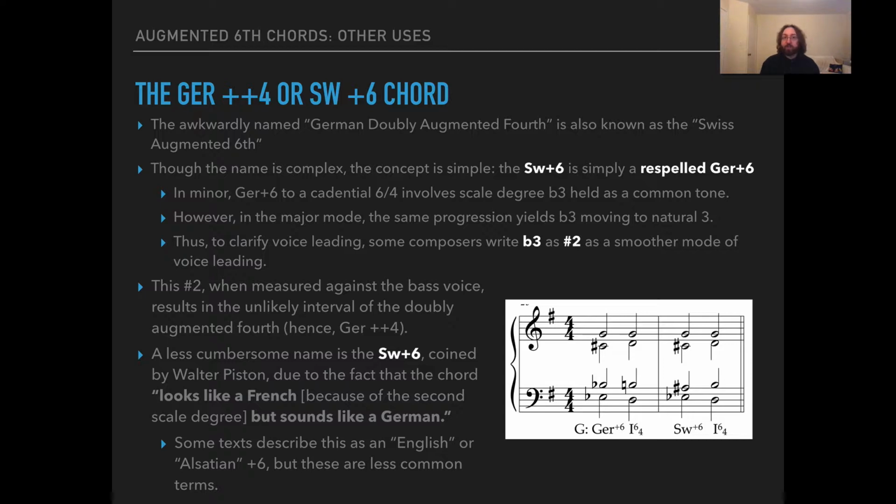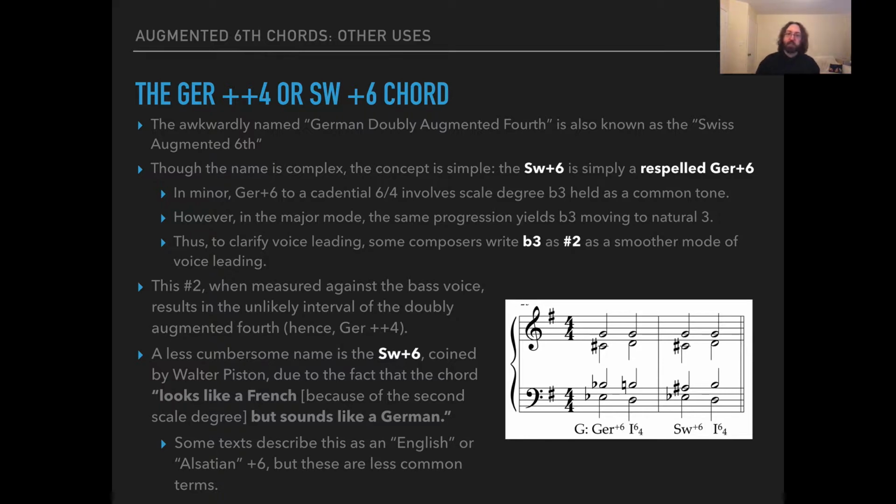The Swiss augmented sixth is simply a respelled German augmented sixth chord. In minor, German augmented sixth to cadential 6/4 involves a scale degree flat 3 being held as a common tone. Now, when we're in the major mode, the same progression yields flat 3 moving to natural 3.